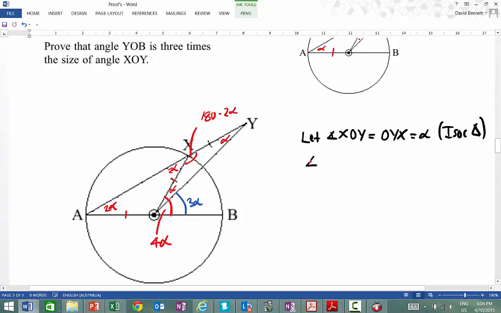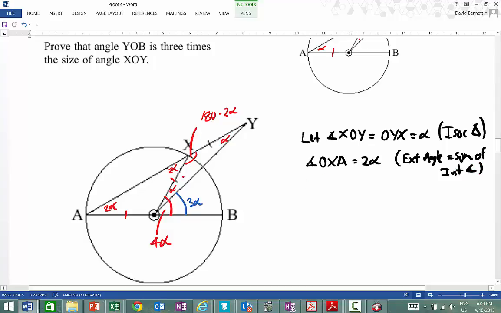Then angle, now I don't even think we need to know that 180 take there. And we need to know that angle OXA equals 2 alpha, and that's the external angle equals sum of internal angles.